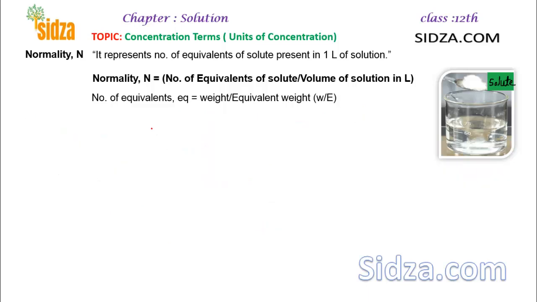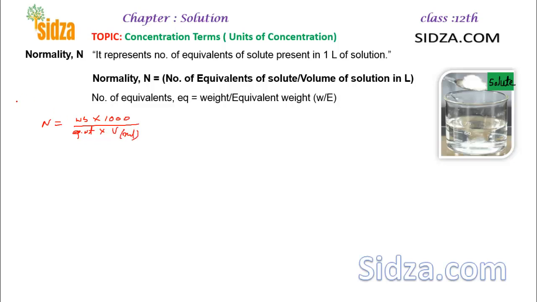Now let's analyze how we can derive an equation for acids and bases where you can convert normality into molarity and molarity into normality. As we know, normality is equal to the weight of solute times 1000 divided by the equivalent weight times the volume of solution in mLs.